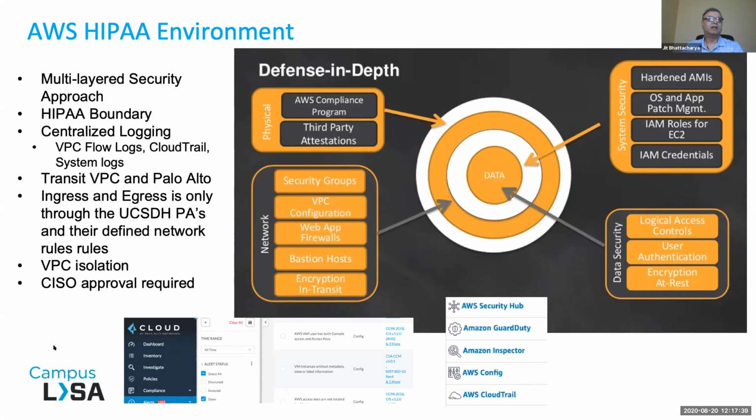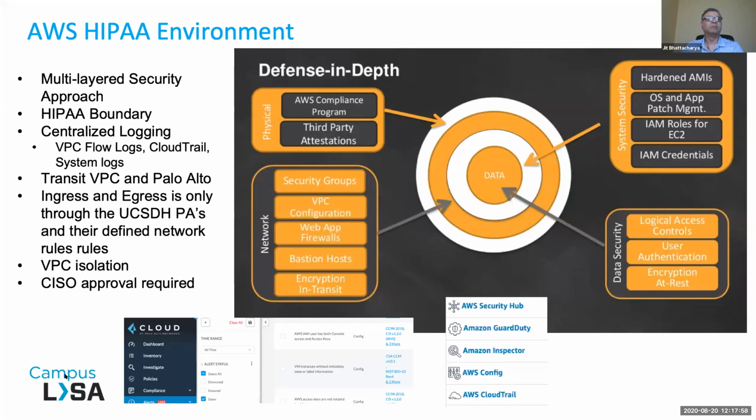So all ingress and egress into this HIPAA environment has to go through those Palo Alto virtual networks and the on-prem Palo Alto network, which goes through the UCSD Health standard networking policies and ingress and egress policies that are associated with it.